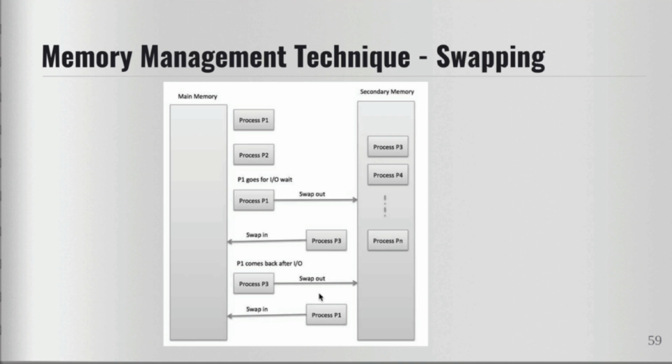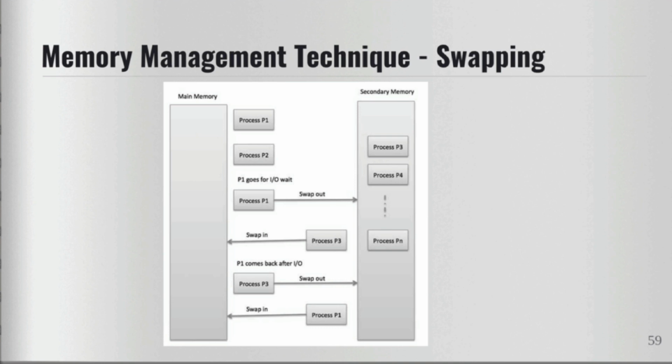So let's take an example. Let's say that the user process size is 2048 KB, and the standard hard disk, which is the secondary memory, has a transfer rate of 1 Mbps for swapping.